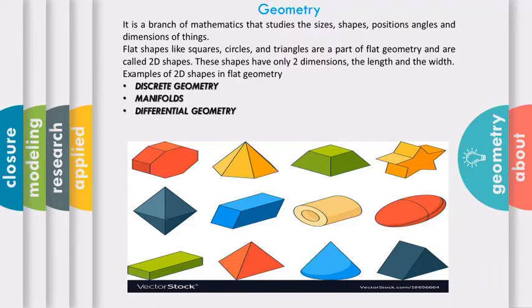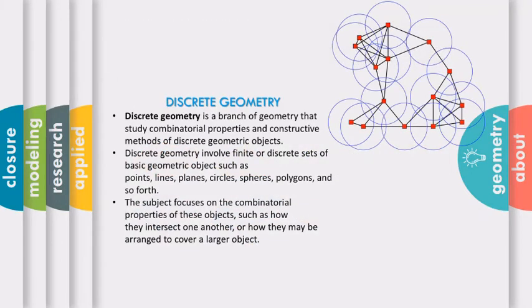So moving on to the discrete geometry part. Discrete geometry is a branch of mathematics that studies combinatorial properties and constructive methods of discrete geometric objects. Discrete geometry involves finite or discrete sets of basic geometrical objects. So it has some set kind of thing, some finite set, some infinite set.